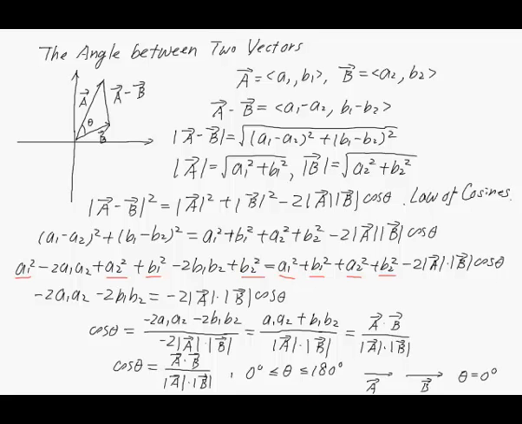And let's go to the next page. So if you have vector A like this, and then vector B like this, they have the opposite direction, then theta in this case is equal to 180 degrees.